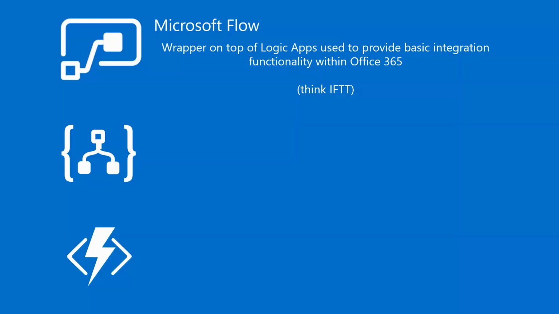And it is a little bit like if this then that. So you're saying something happens, do something. So if I get a tweet, write it to a database. If someone opens a SharePoint doc, write it to a log. If I do something else. So that's Flow. So Flow is your lightweight version of Logic Apps that's for Office 365.